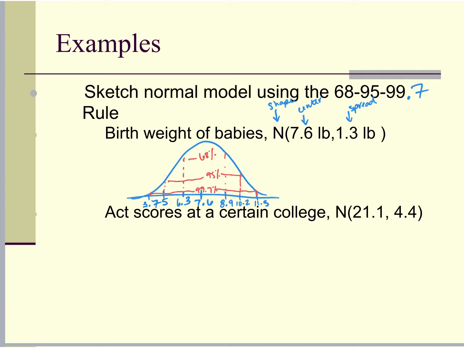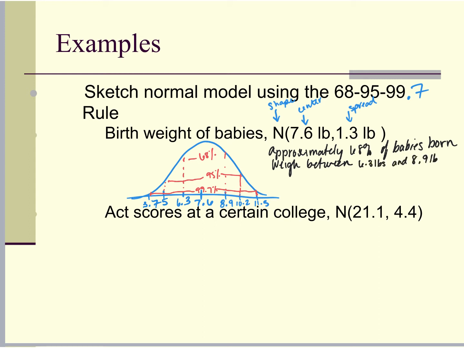Now when it asks us to describe the normal model, we're going to say approximately 68% of babies born weigh between, what are my two values for 68%? 6.3 pounds and 8.9 pounds.